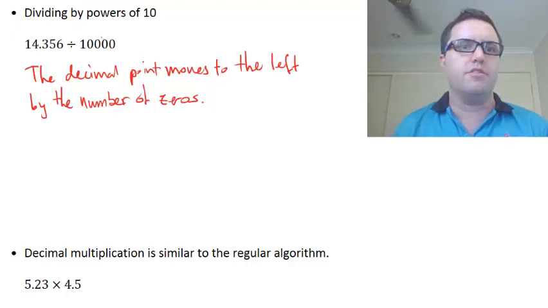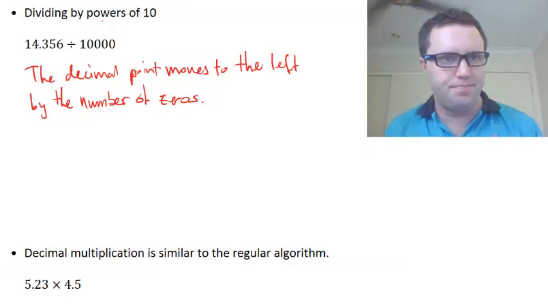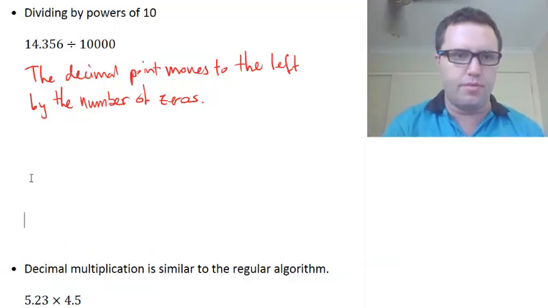So the number of zeros there is the number of places the decimal point moves to the left. Okay, let's have a look at how that's going to work out.